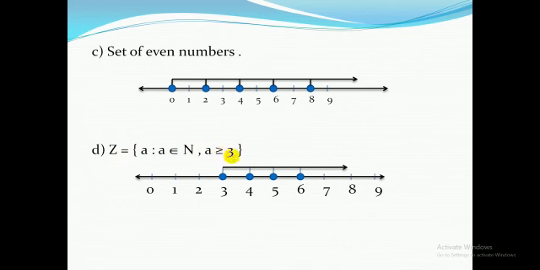So I will put points on 3 and numbers greater than 3, which is 3, 4, 5, 6, 7, and so on. I represent "so on" by an arrow, like here. Don't forget, you must start from 3. Why? Because this sign means greater than or equal to 3, so I will start from 3.